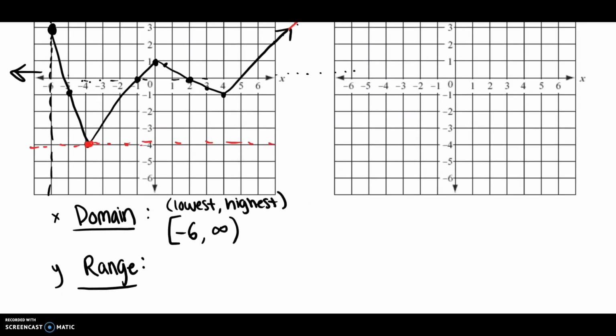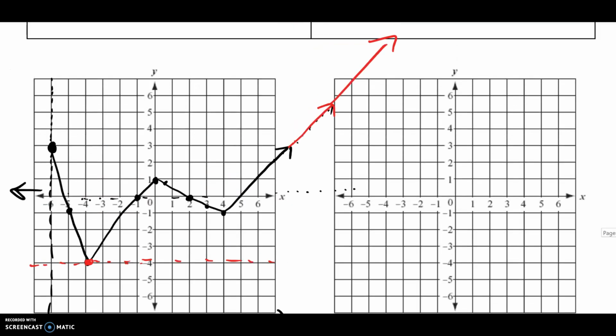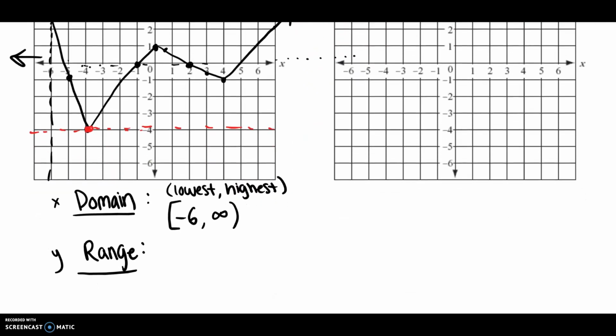So the highest y value is infinity as well. And the lowest one is the point (-4, -4), which makes the lowest y value -4. Because there is a point right there, that's included in our range. And since the highest y value is infinity, we put a parenthesis on that.